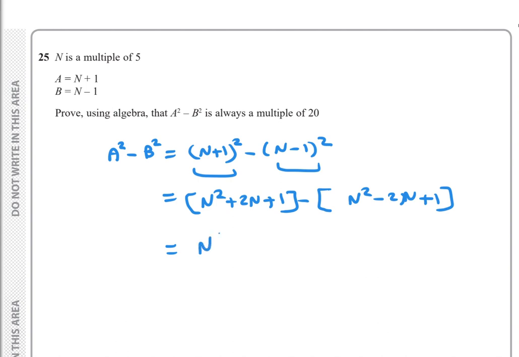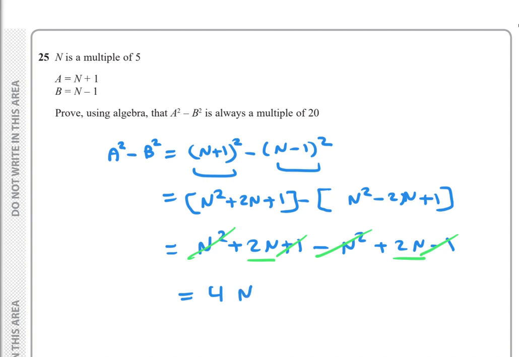Now open the bracket, so n squared plus 2n plus 1, and this negative changes all, so minus n squared plus 2n minus 1. So n squared cancels with n squared, 1 cancels with negative 1, 2n plus 2n equals 4n. Because n is divisible by 5, a multiple of 5, 4n is divisible by 20, so this is a multiple of 20.